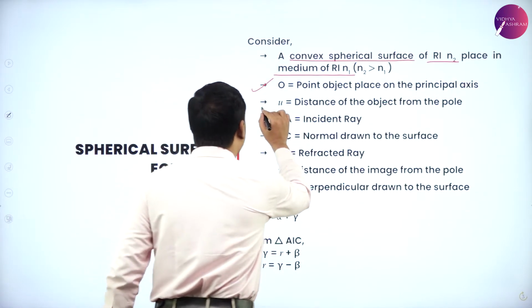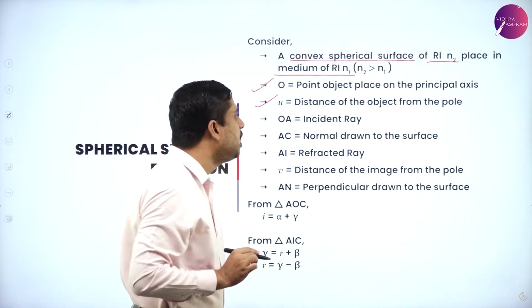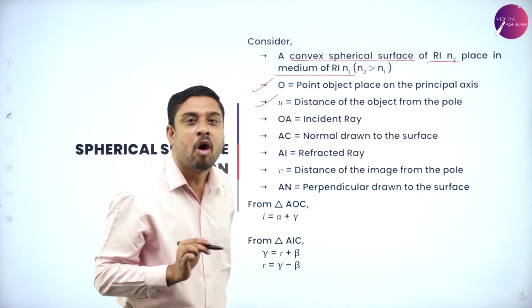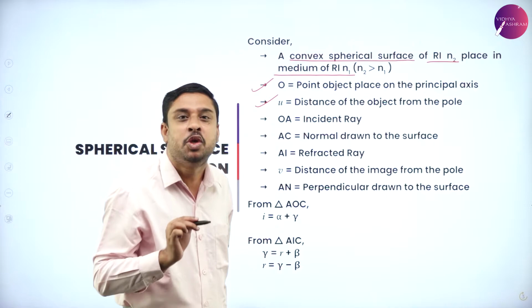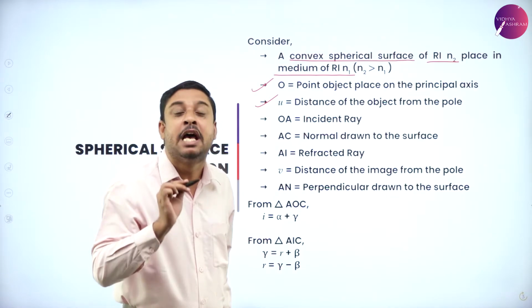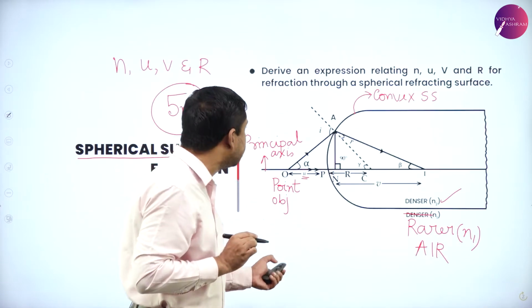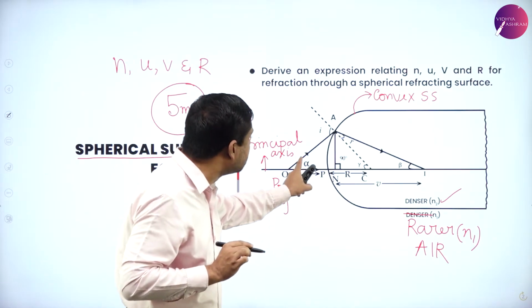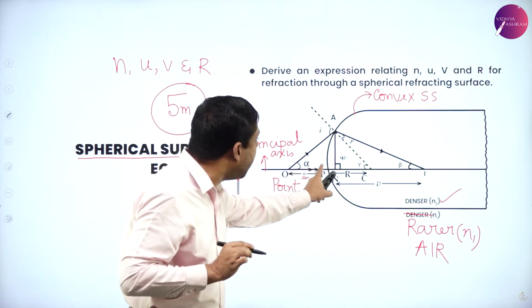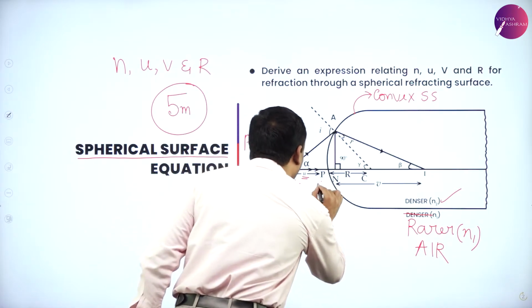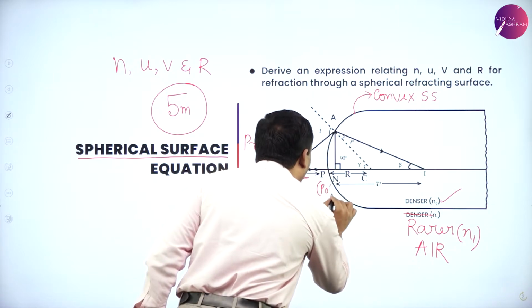Therefore, u is called the object distance. Always remember, u is the object distance. It is the distance of the object from the center, what we call the pole.